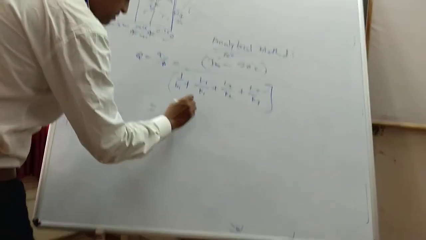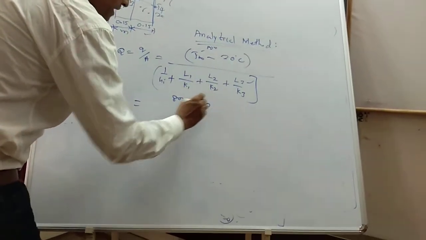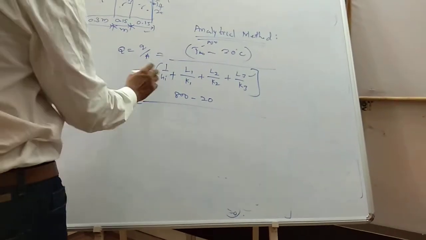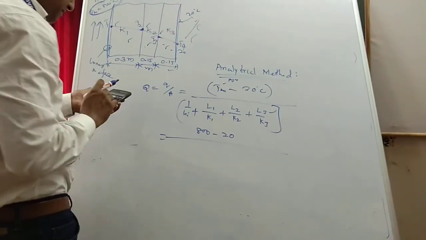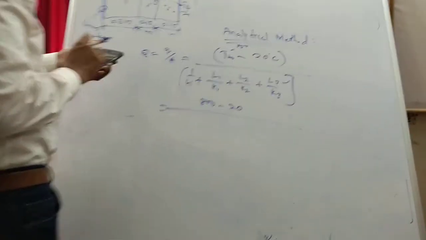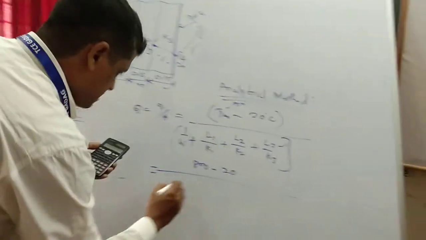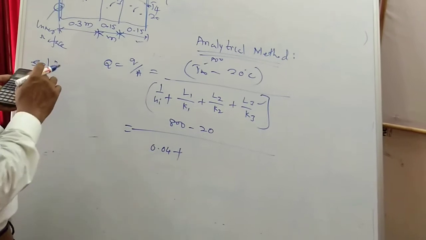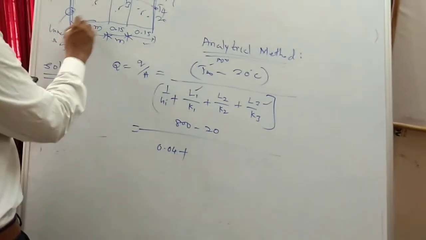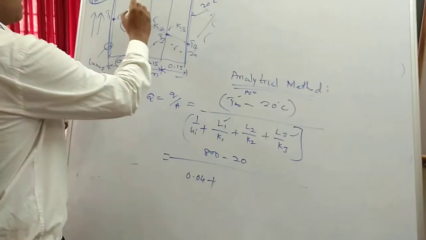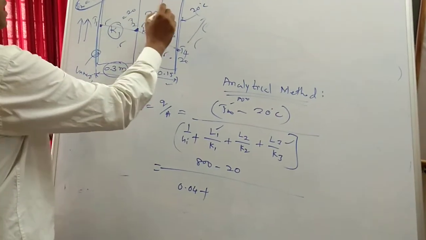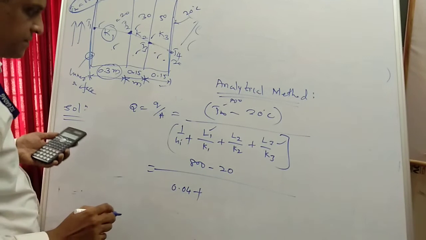Substituting the values: 800 minus 20 divided by 1 by Hi, where Hi is the given convective heat transfer coefficient 25, so 1 divided by 25 is 0.04, plus L1 by K1. L1 is 0.3 meters and K1 is 20 watt per meter degree Celsius, K2 is 30 and K3 is 50.